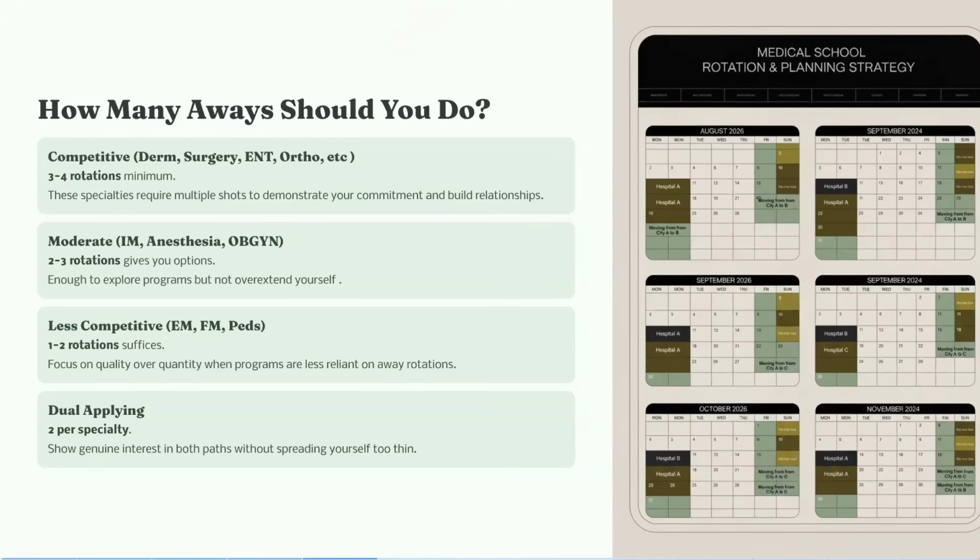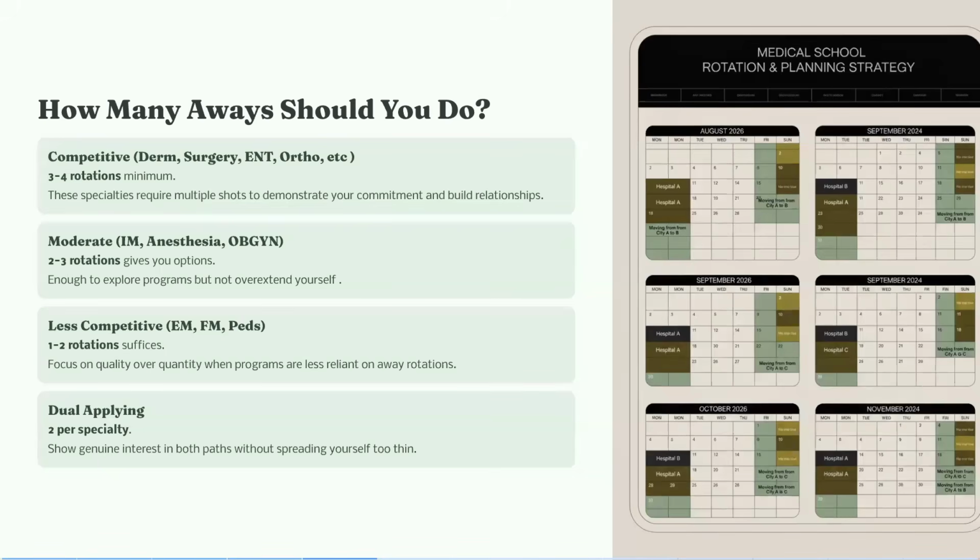Yeah, ortho is a little bit similar, but also a little bit softer in terms of its requirements. I did 4 as an MD, and I know some of my DO counterparts did 6 to 7, and ours are a full month long. So that kind of limits you in terms of how many you can do. But is there a magic number?